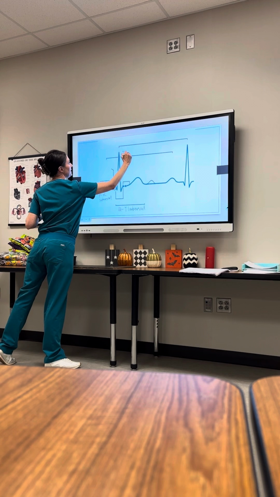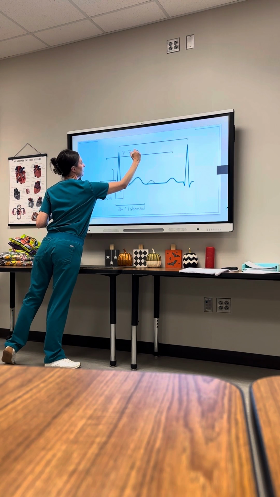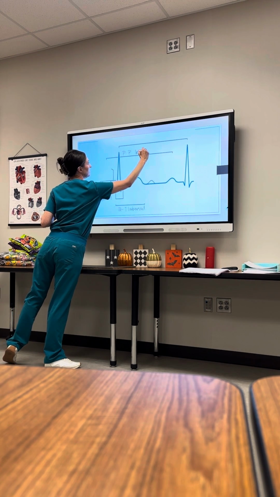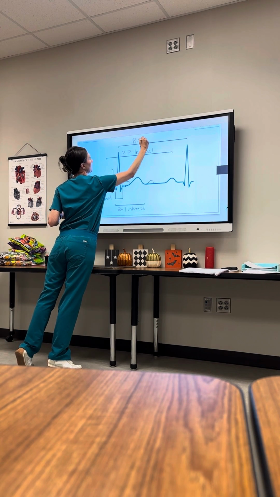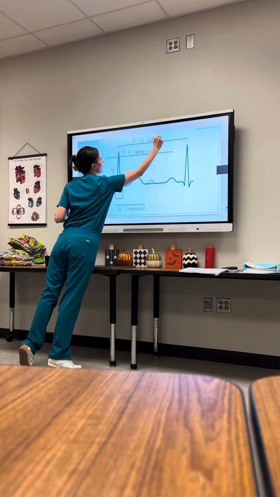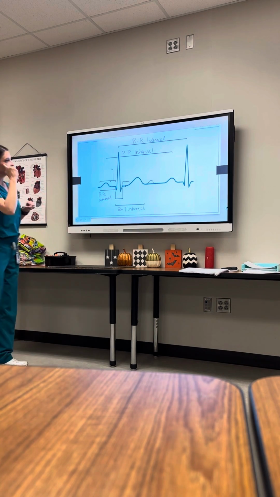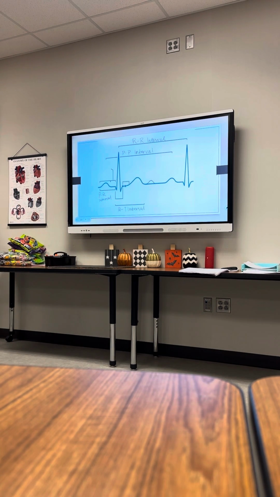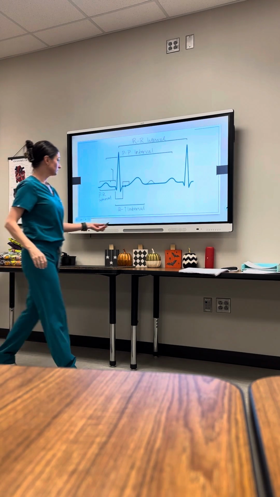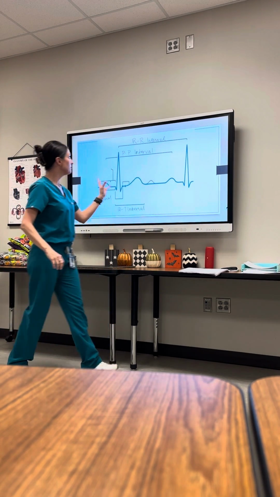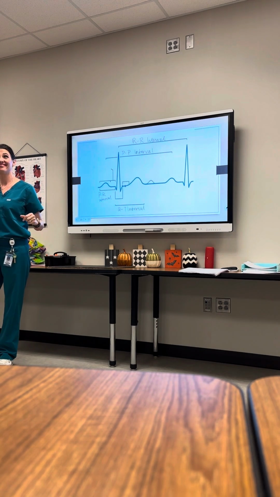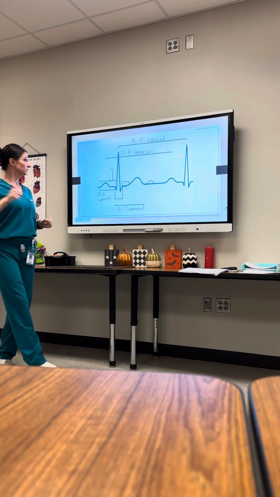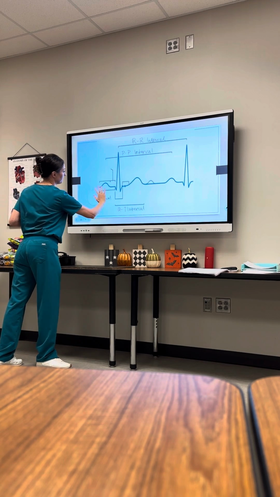This would be my P to P interval. Okay, and this one is my R to R interval. Which one am I mostly using if I'm looking at regularity of a rhythm? R to R. I'm gonna need that tomorrow.